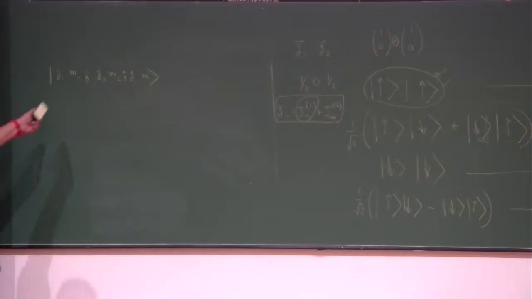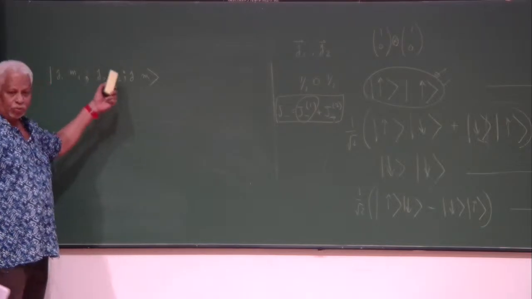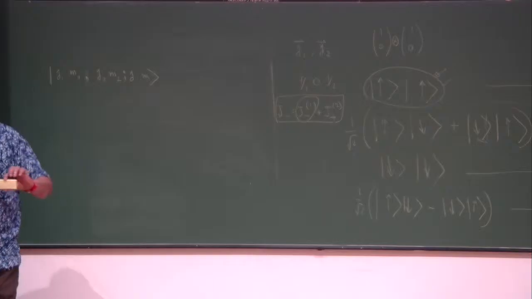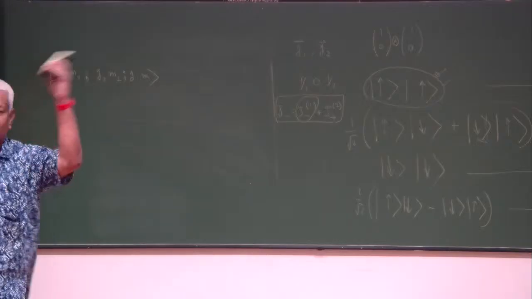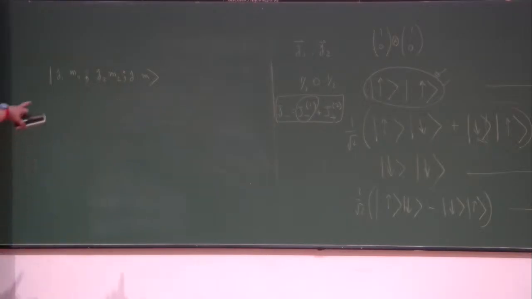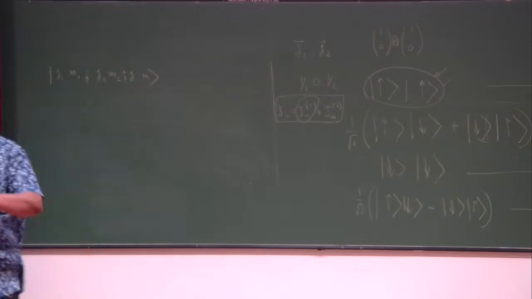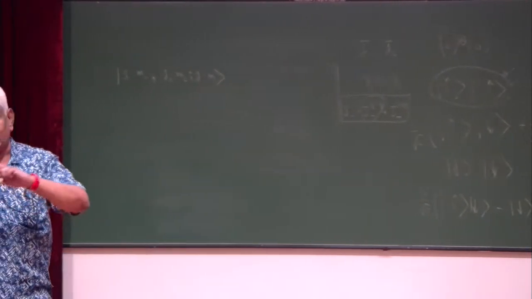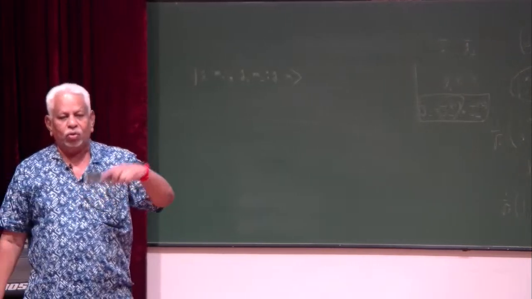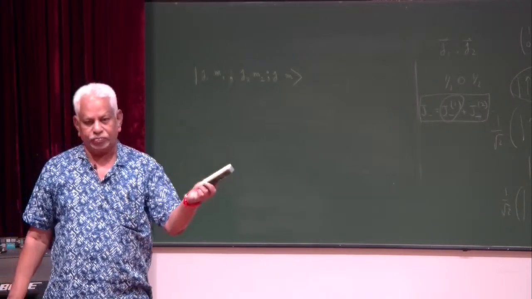J1 M1 and J2 M2 produces for me a number between J1 minus J2 to J1 plus J2, and that's what I call as J. The corresponding magnetic quantum number will be a number between minus J and J.